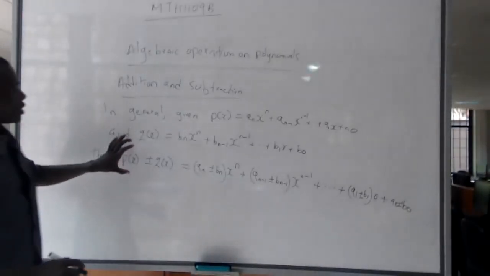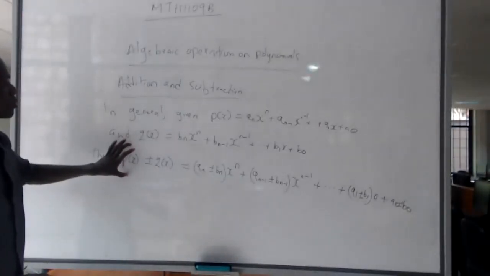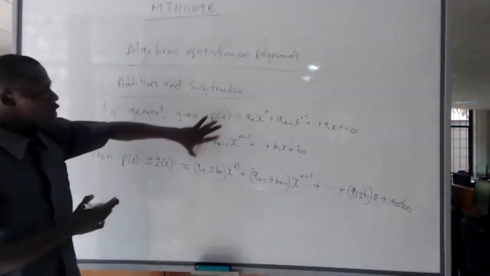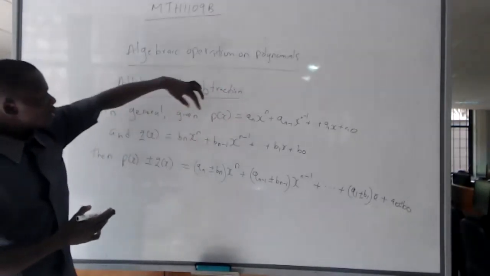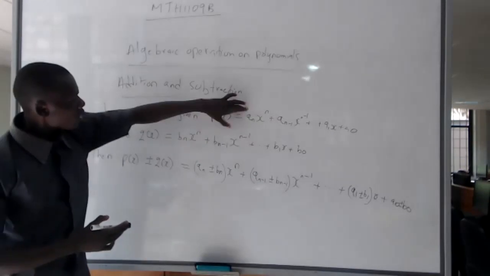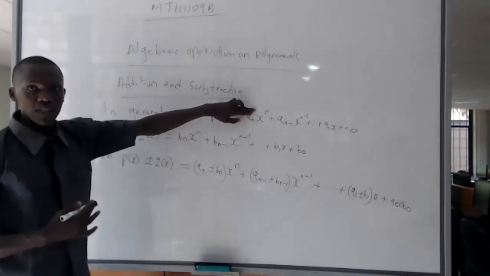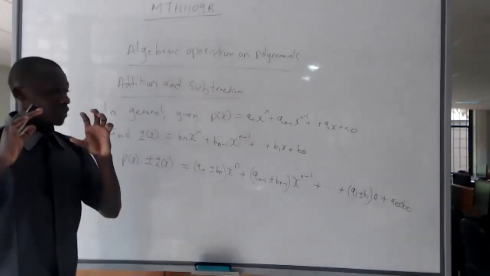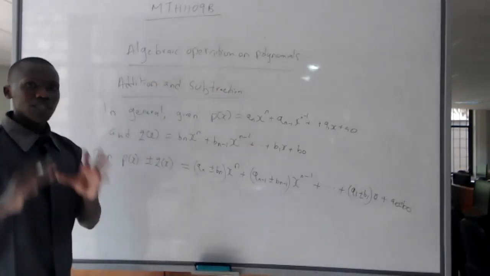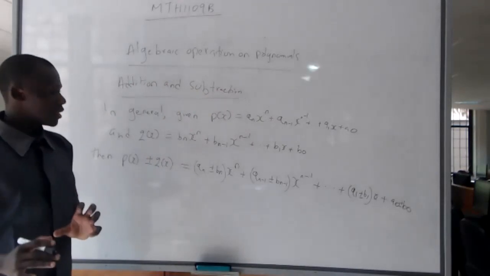So what this expression tells you is that when adding or subtracting 2 polynomials, simply add coefficients of the terms that have the same exponent. You add and subtract the coefficients of the terms that have the same exponent.